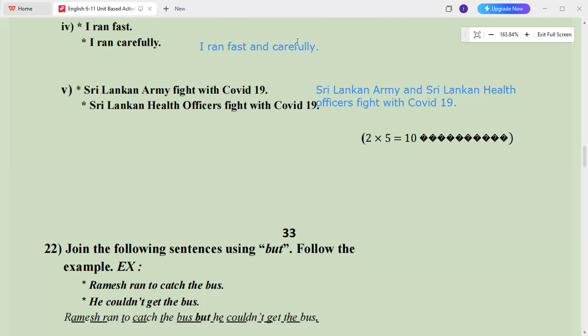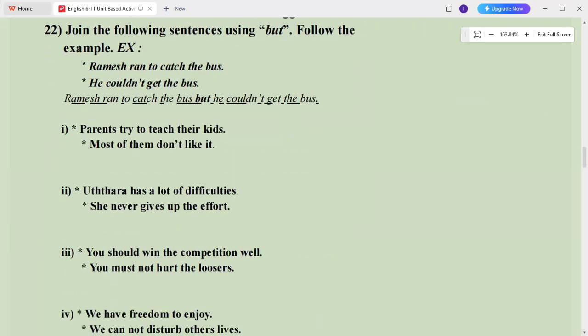Yes, right. And Pute, we have to learn some more examples in terms of compound sentences, Pute, right? Now you see the screen. Join the following sentences using but, right? Follow the example, right? Now you see, Ramesh ran to catch the bus. He couldn't get the bus. Now there are two expressions, Pute, right?